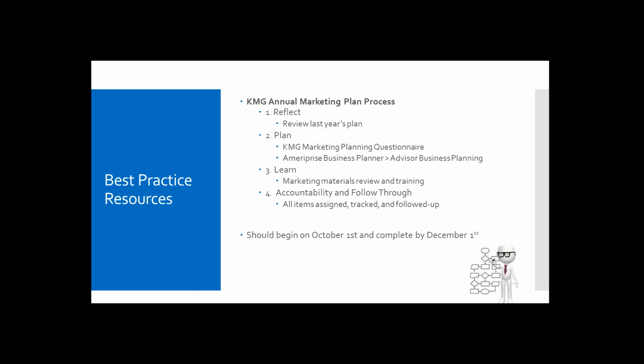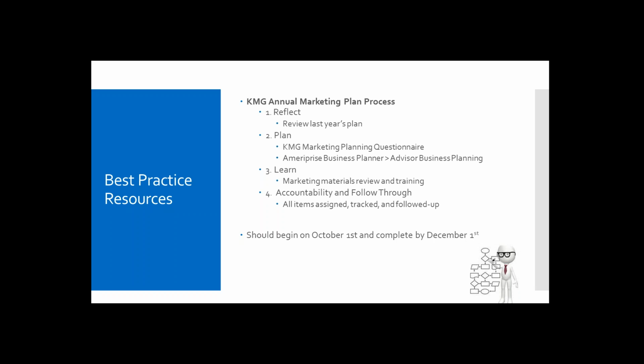I'll start with the first one, and that's the annual marketing plan process. And this process, we believe, should start in October. So if you are assigned as one of or the only staff member to aid in a marketing plan, I would recommend bringing this to your advisor's attention in the beginning of October.